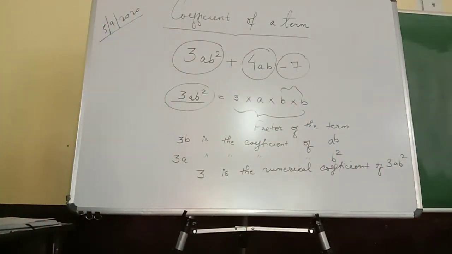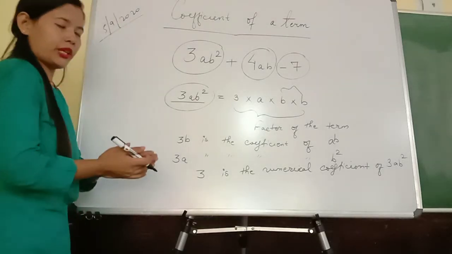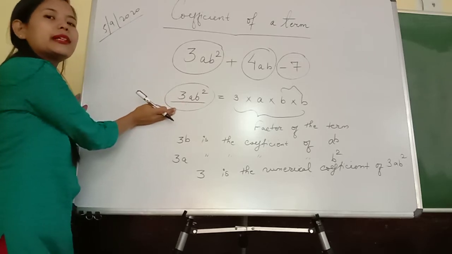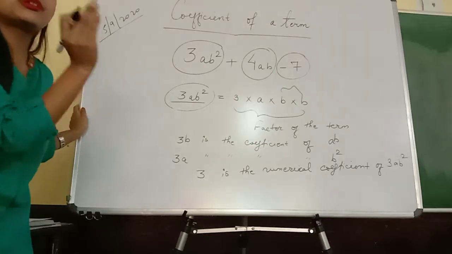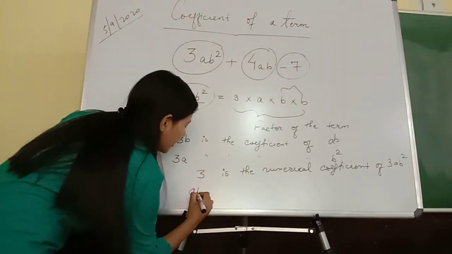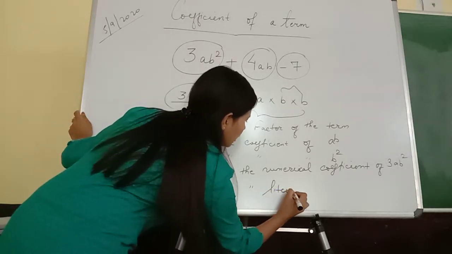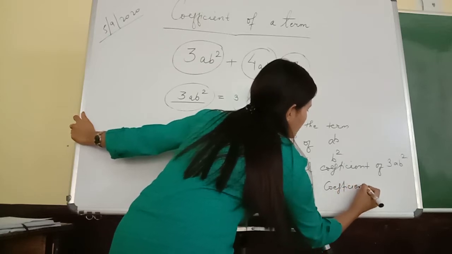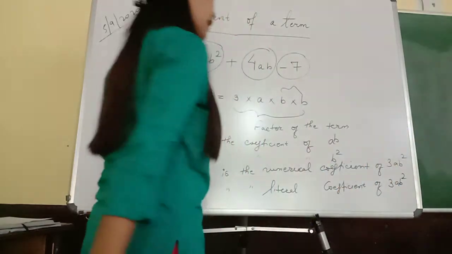We even have something called literal coefficient. In a term, whatever variable is present, that variable is the literal coefficient of that term. So here ab square is the literal coefficient of the term 3ab squared.